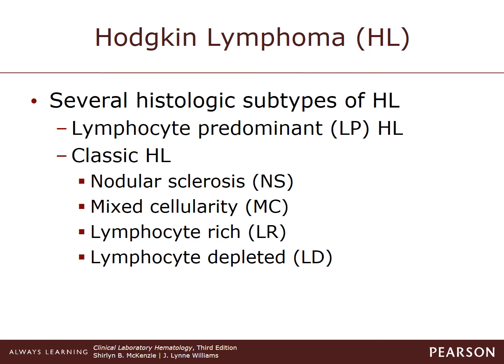They have several different subtypes that differ in appearance of these large cells, the phenotype, as well as the nature of the reactive component. So the main types are lymphocyte predominant Hodgkin's and classic type of Hodgkin's lymphoma. And the classic type is further divided into nodular sclerosis, mixed cellularity, lymphocyte-rich, and lymphocyte-depleted types.